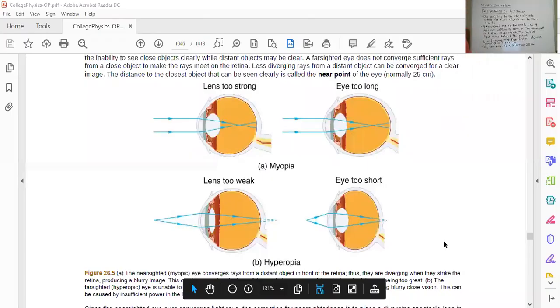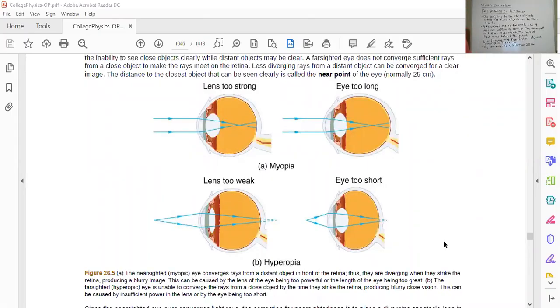Okay, so the top pair of pictures shows an example of a myopic eye. Either the lens is too strong, and you see in the upper left picture, the light rays are bent too much, so they cross before the retina.